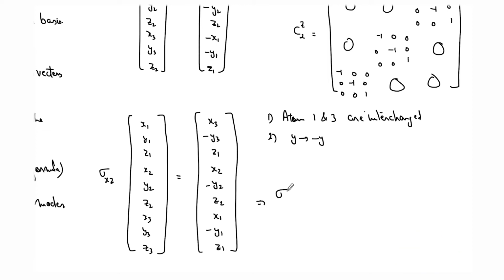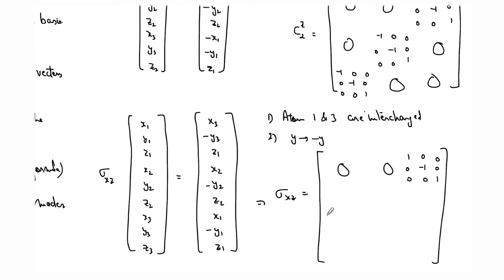So this will give me sigma xz as, let us try to write down again. So again, x1 and 3 are replaced, so I will write one block over here. So these two blocks will be 0, and I will have 1, minus 1, 1, 0, 0, 0, 0, 0, 0, right? x2 remains at its own position, so I will have 1, minus 1, 1, so 0, 0, 0.